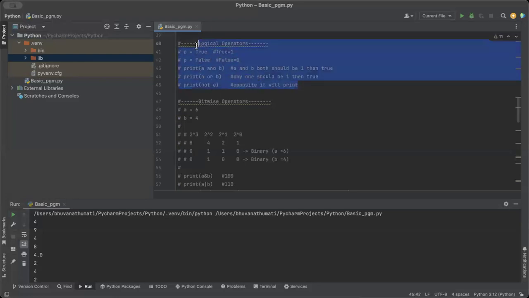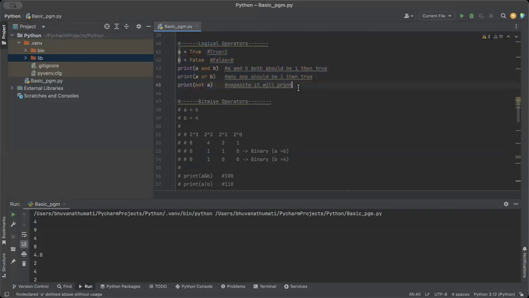So here, let's uncomment this. A equals to true, true means 1. B is false, false is 0. For and, A and B both should be 1, then only it is true.